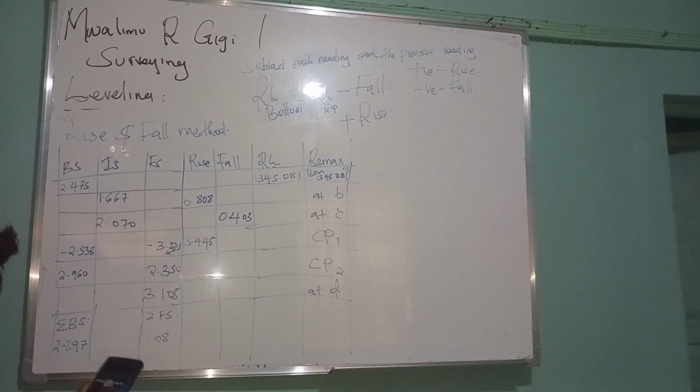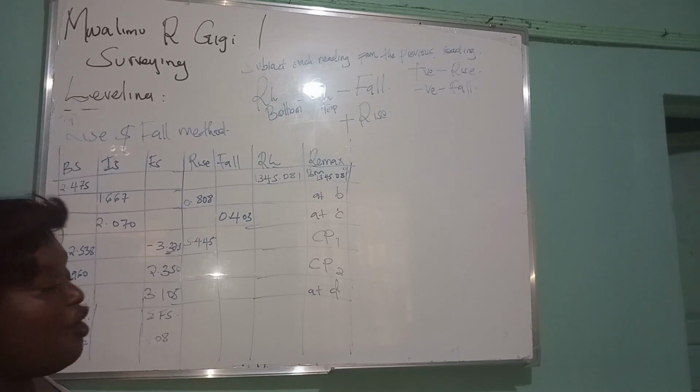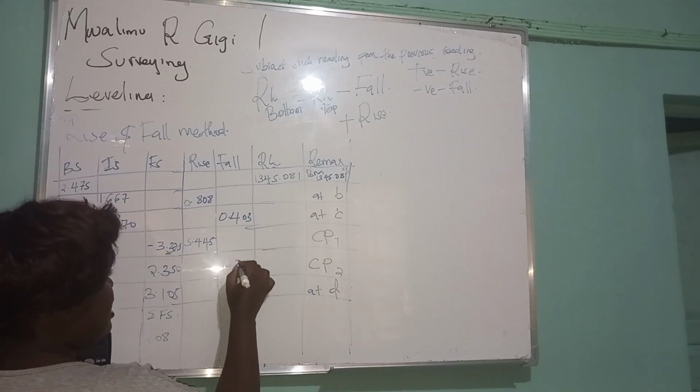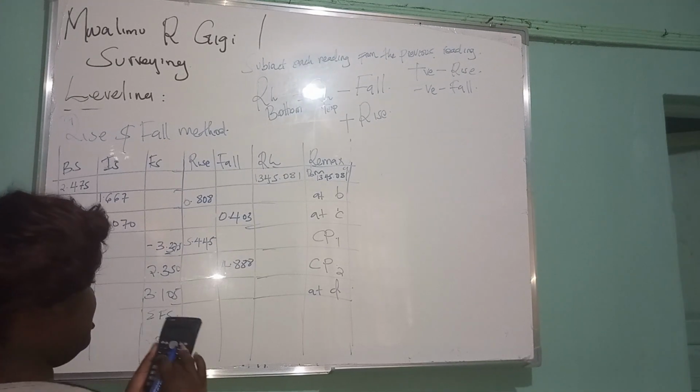We have a backsight of negative 2.538. Negative 2.538 minus 2.350 is negative 4.888. So it is a fall of 4.888.